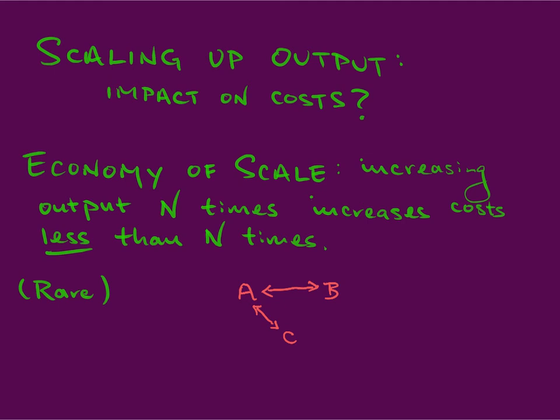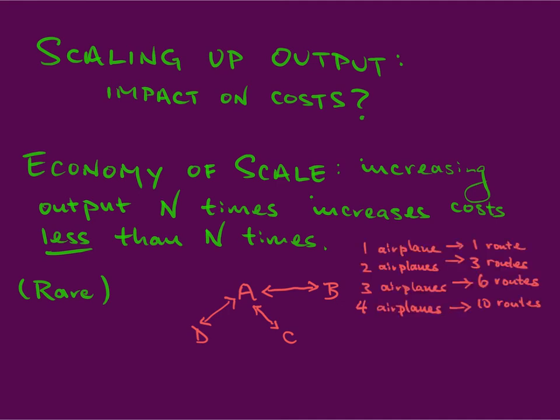Buying a third airplane, the airline can take passengers between A and B, between A and C, between A and D, as well as between D and C, D and B, and C and B. So with three airplanes, it can serve 6 routes, and it keeps increasing and increasing.